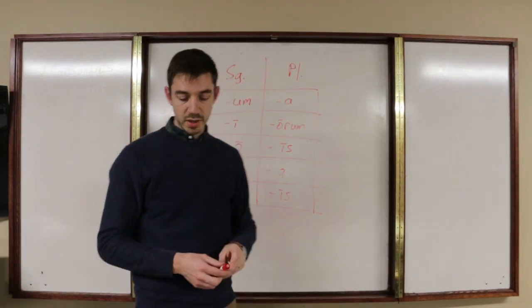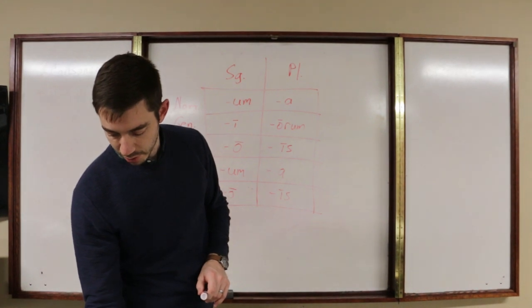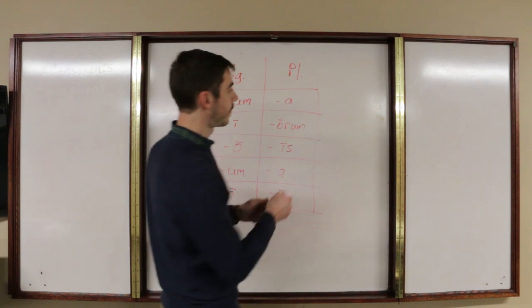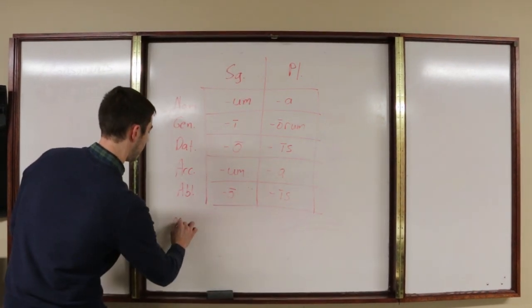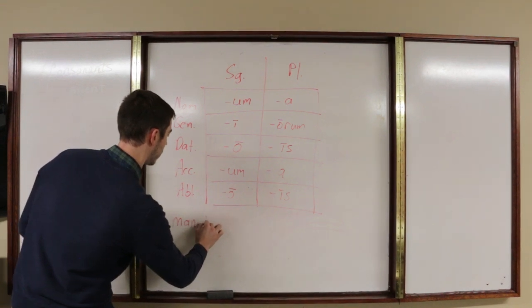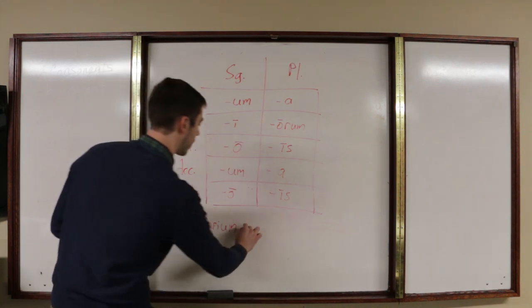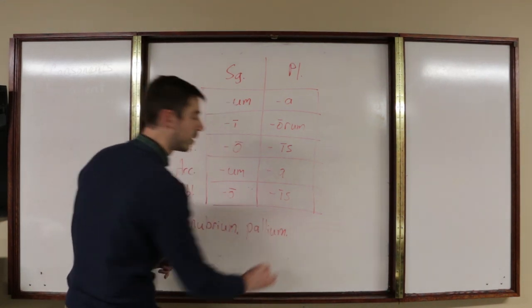So what are some second declension neuter nouns that we've learned so far this year? A few that I wrote down were, let's see where we can write them. We've got manubrium. Remember that was for the hilt of a sword. We've got pallium for cloak.